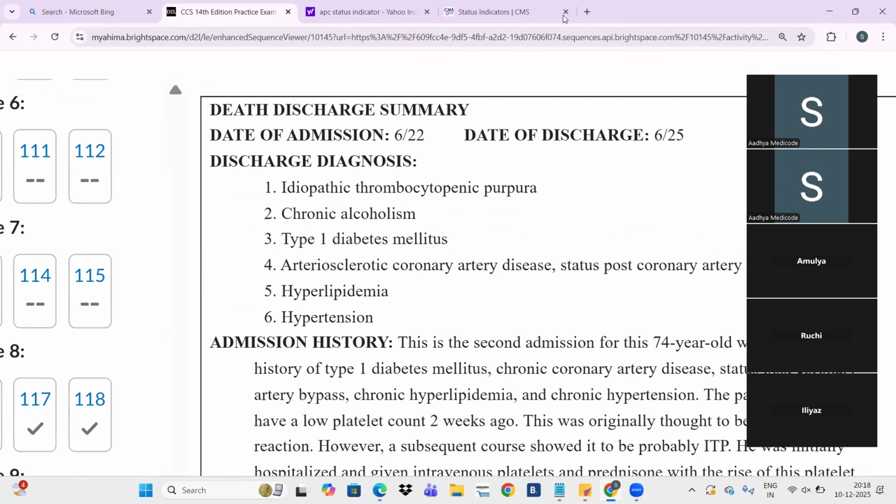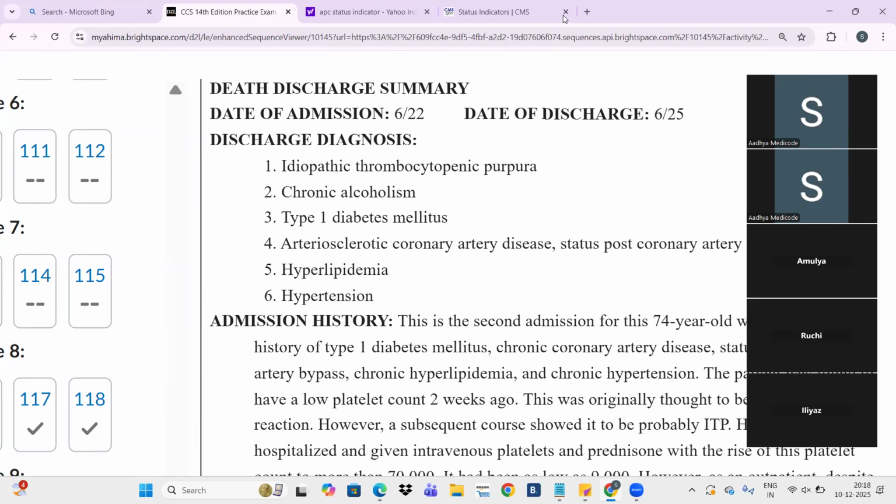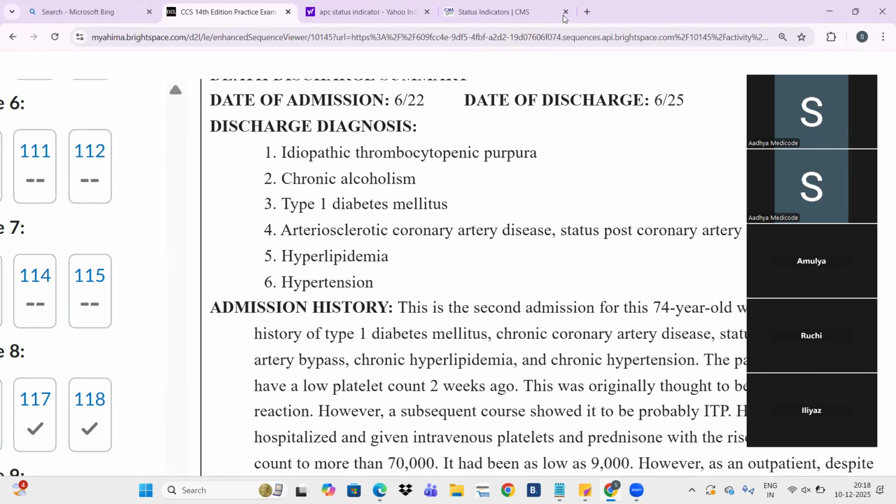See here, they gave idiopathic thrombocytopenic purpura, chronic alcoholism, type 1 DM, CAD, hyperlipidemia, hypertension. So what is the main reason we need to identify? They gave 6 conditions in the discharge diagnosis itself, right? So among these 6, one should be exactly correct.